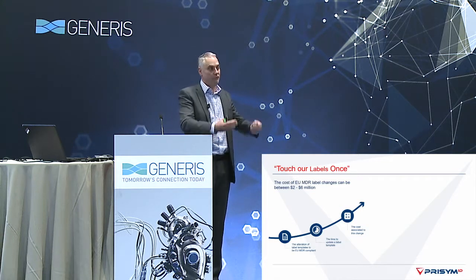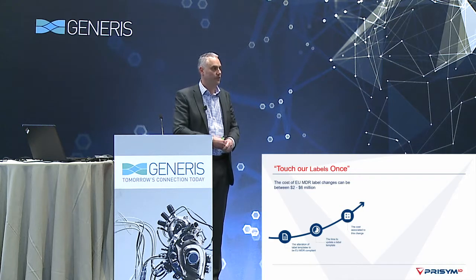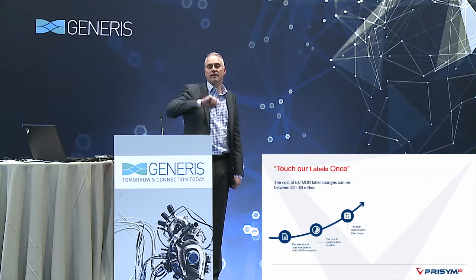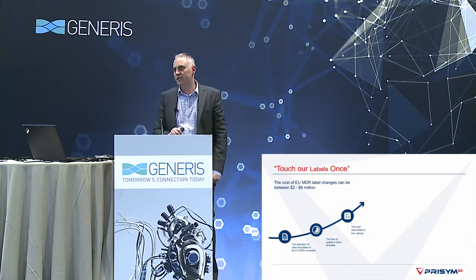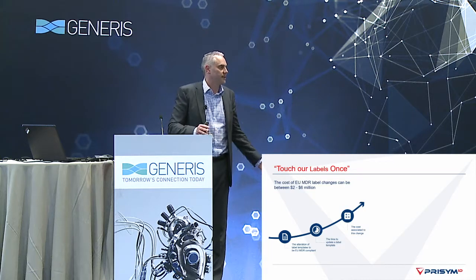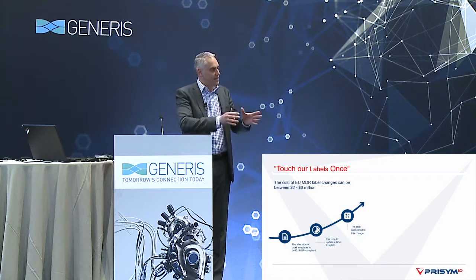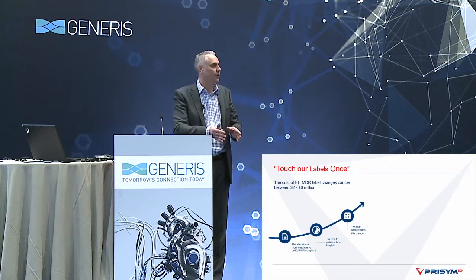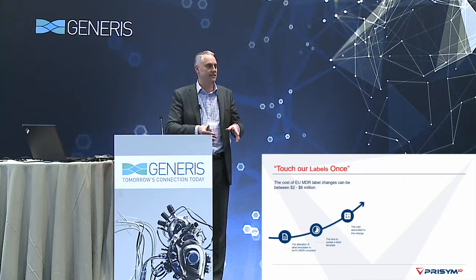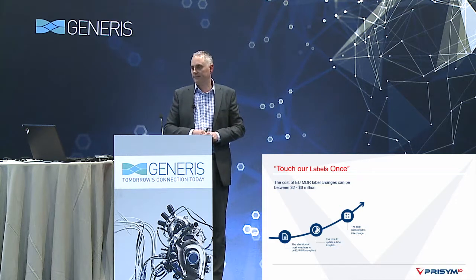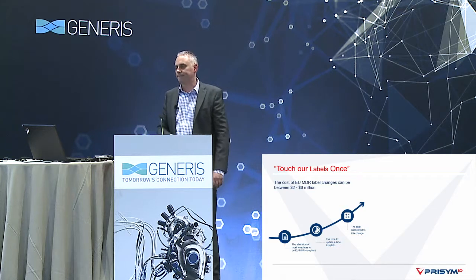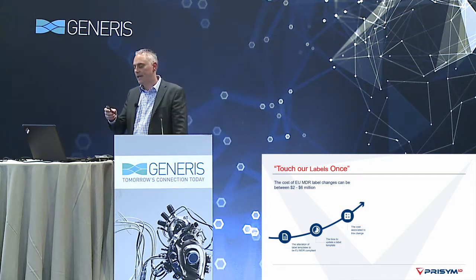So when you come to print or output eIFUs, it's grabbing the latest expiry date, the right lot number, the right batch number, the right translations of the warning statements you need to put on there, and then printing or outputting at that point. So you know you're using your latest approved content on your labels, rather than labels that were printed 2 years ago and maybe out of date. So the cost can be big.